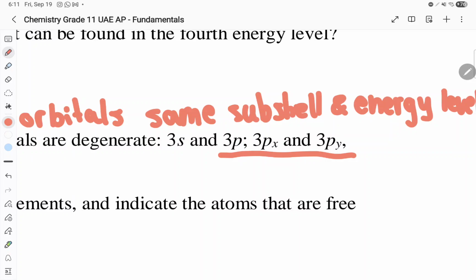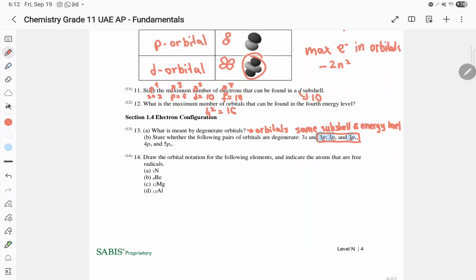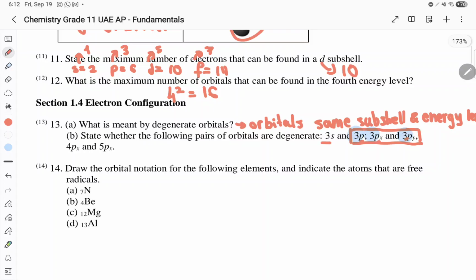It's supposed to be PZ, but they didn't write the Z. But anyways, since they have the same energy level and they're part of the p subshell, they are degenerate orbitals. But you're gonna say s has the same number, and they're in the same energy level, but they're different sublevels. S is different than p.